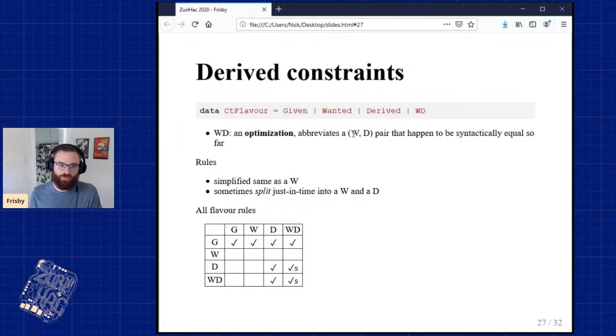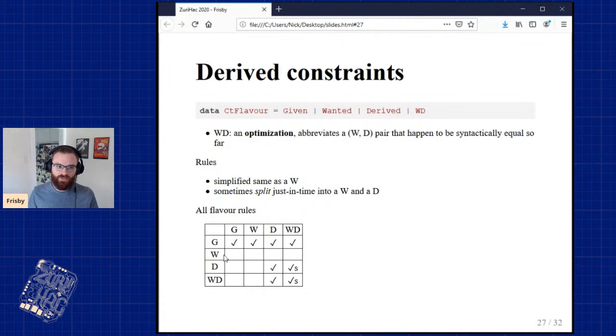It can't simplify the WD, because the WD is also representing a wanted, and Ds can't simplify Ws. So at that point, GHC's built-in rules do this, and eventually your plugin will need to as well. It is time to split the W into a W and a D. There are functions in the interface to do that, but you need to recognize when it's necessary. You split it, and then you can simplify the D separately.